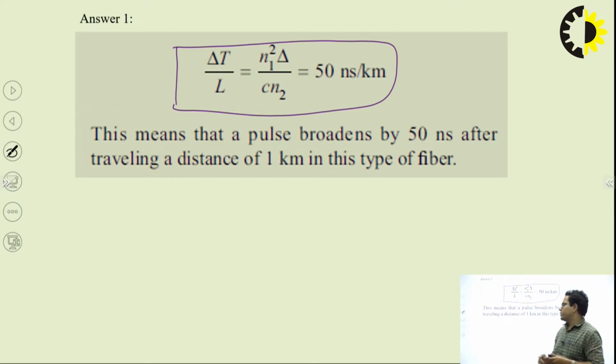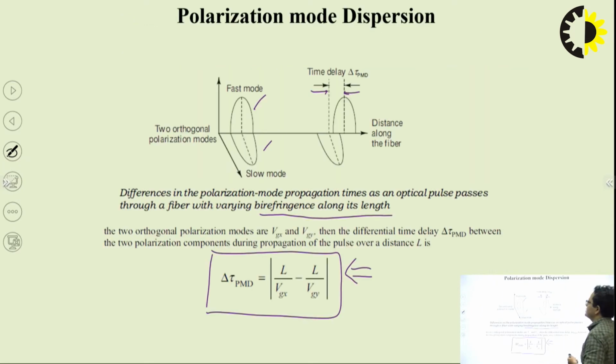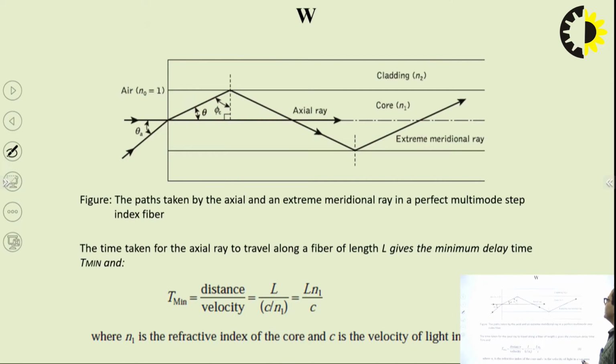So we are going to consider two different rays. Let us try to visualize that with the help of this figure. In this figure, we are considering an optical fiber, in which this whole region is your clad and this middle region is your core.